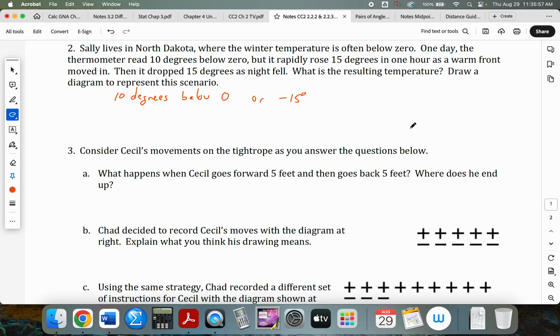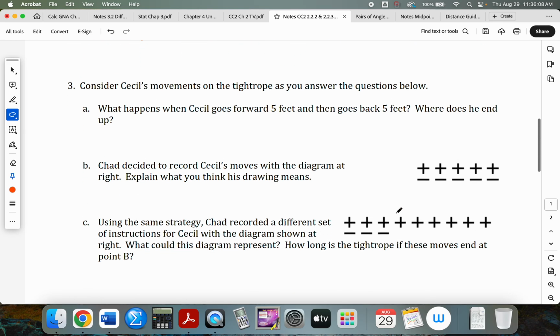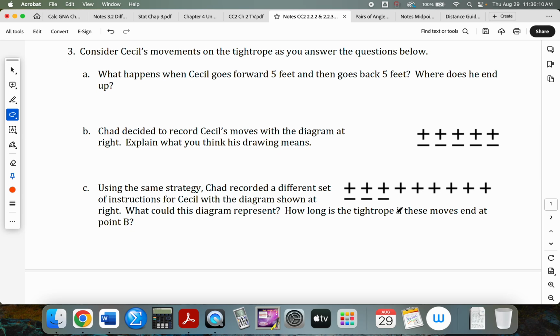so as I pointed out to you yesterday, the idea of things canceling out to make zeros is a really important idea in math. So what happens when Cecil the tightrope walker moves forward 5 feet and then back 5 feet?